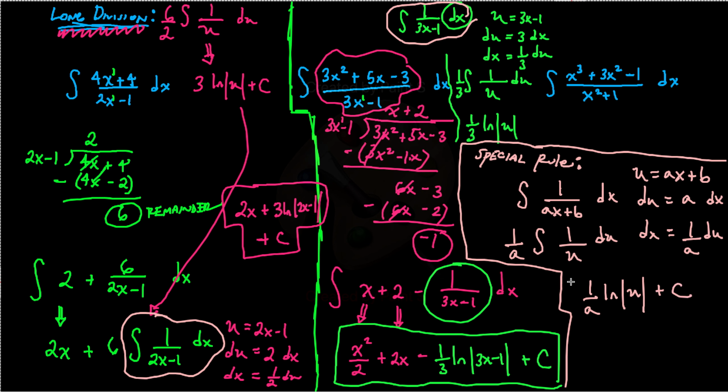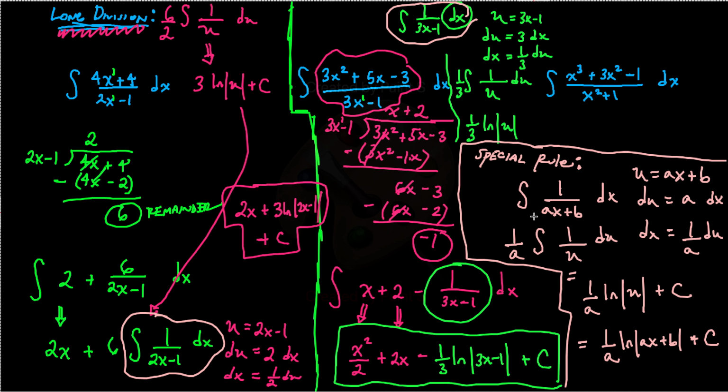And the last but not least step, I go back for what u is: 1 over a ln absolute value of ax plus b plus c. And we could have used this rule for either of these two integrals without doing the u substitution, as long as I memorize this rule. It's up to you whether you want to memorize this rule or do the u substitution for each one of these.